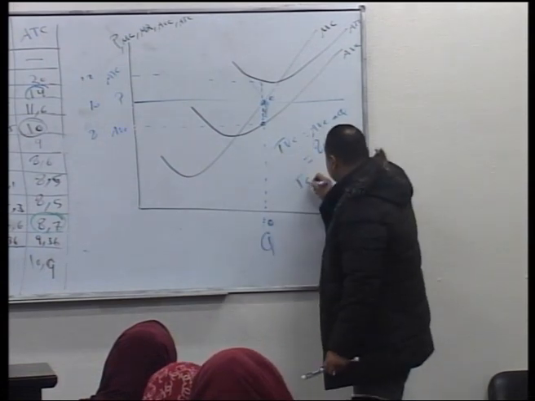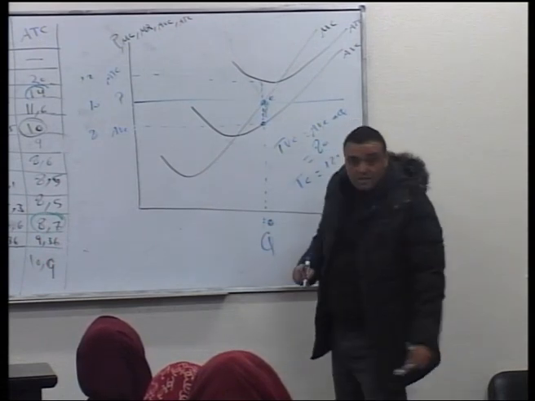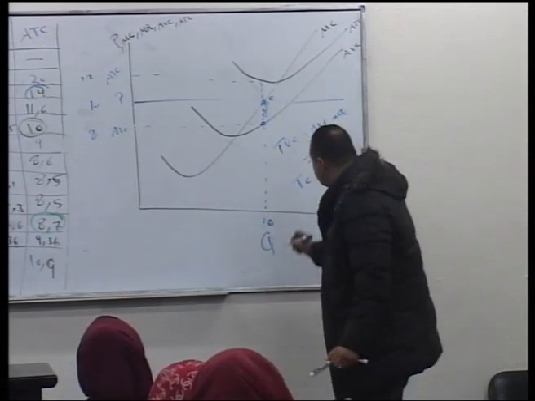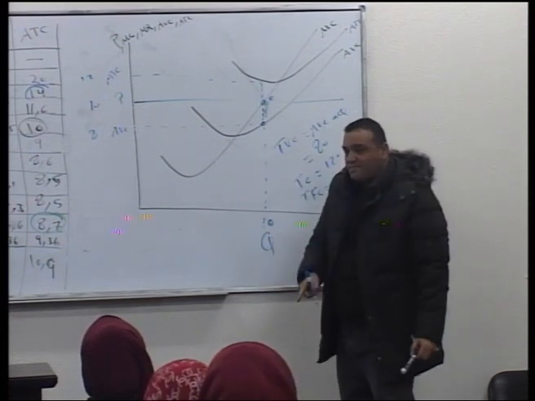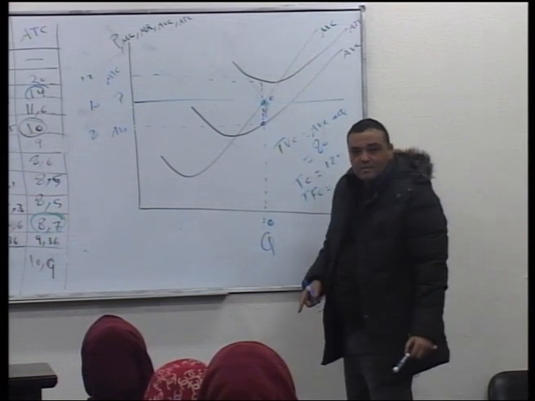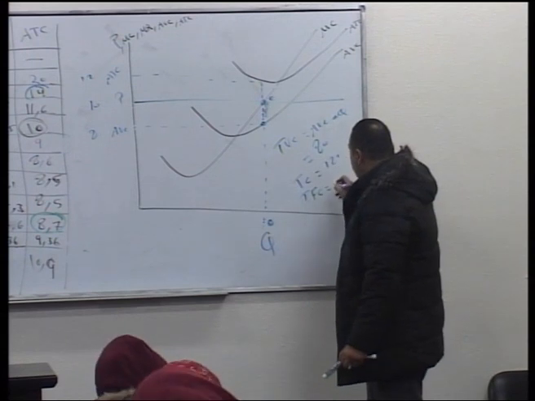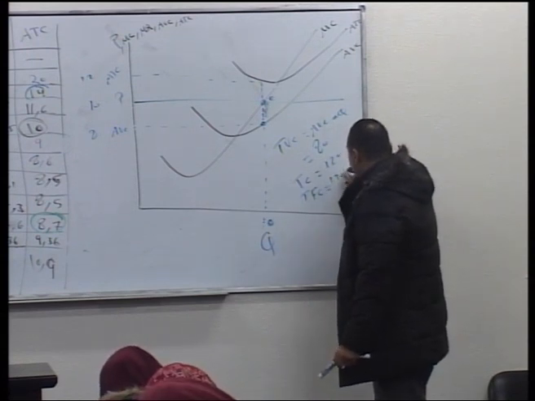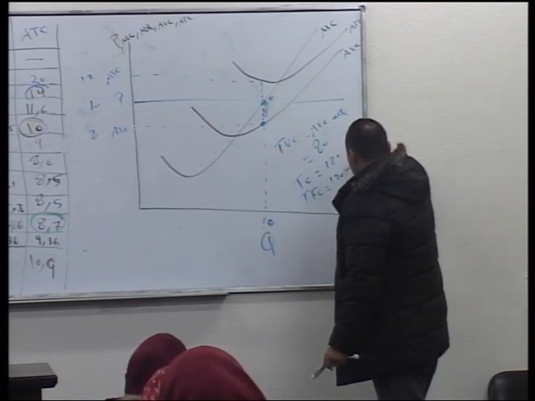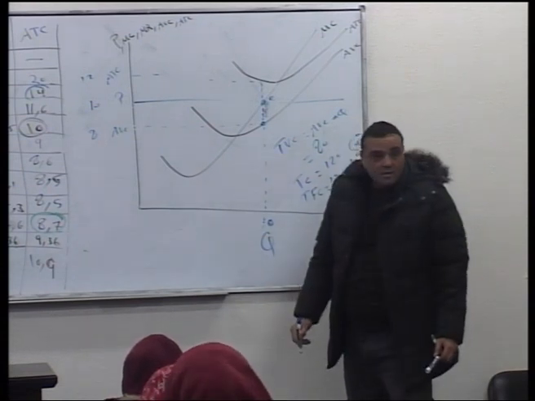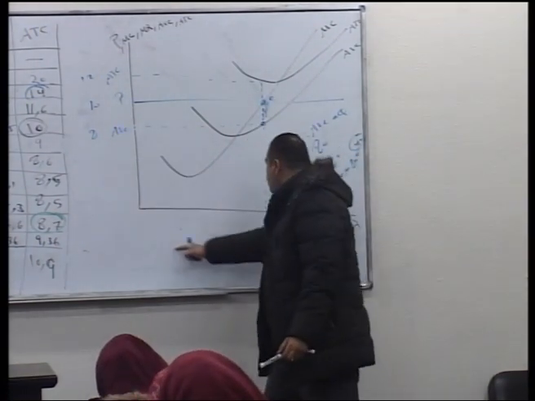And total cost? 12 times 10, 120, right? And TFC? TC minus TVC, right? Because TC is 120 and TVC is 80, TFC equals 120 minus 80 equals 40, right? So TVC is 8 times 10.